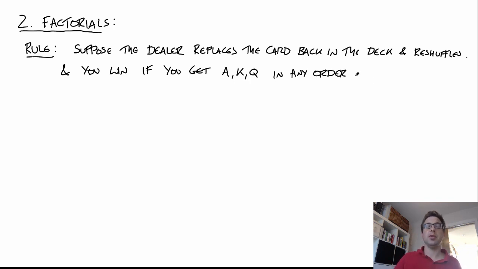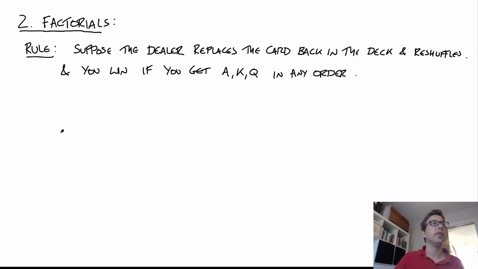The key difference between the previous example and this example is that in the previous example I needed to get an ace, and then a king, and then a queen. So my card number 1 had to be an ace, my card number 2 had to be a king, and my card number 3 had to be a queen. Now it doesn't matter which order I get those cards in.